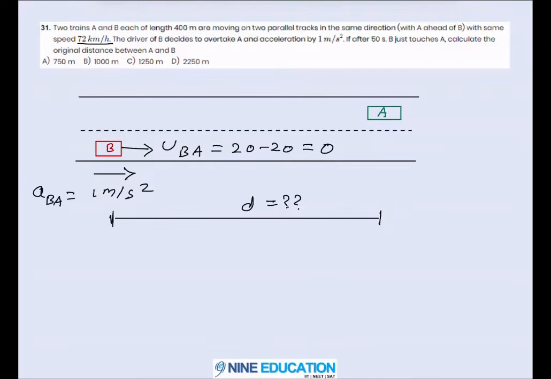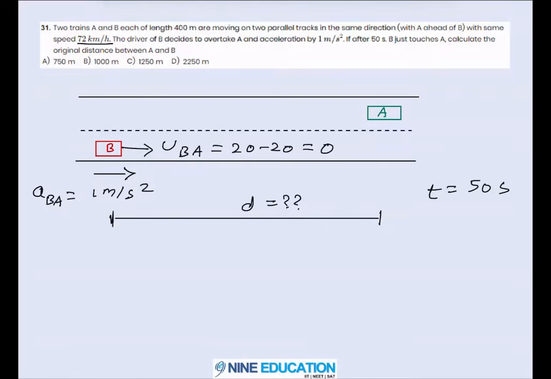So we now have the relative velocity and the relative acceleration, and let's say the initial relative distance was D. Which equation should we apply in order to calculate when train B is going to touch train A? The second equation of motion, given that the time taken to touch train A is 50 seconds. We know that the initial relative velocity is 0.